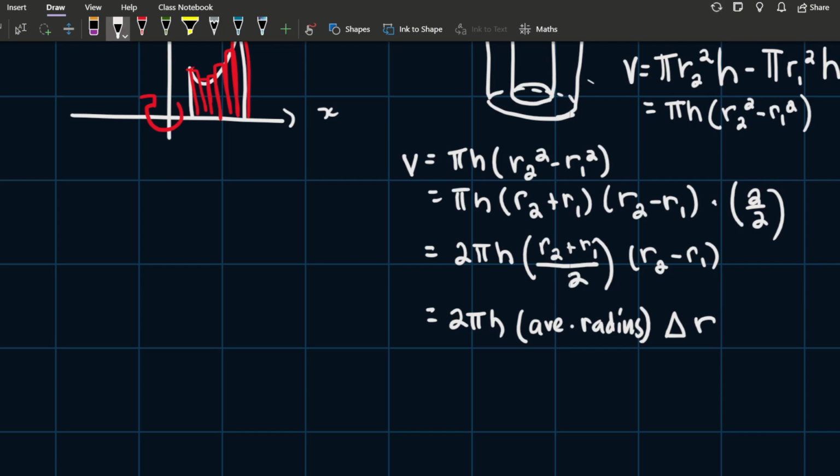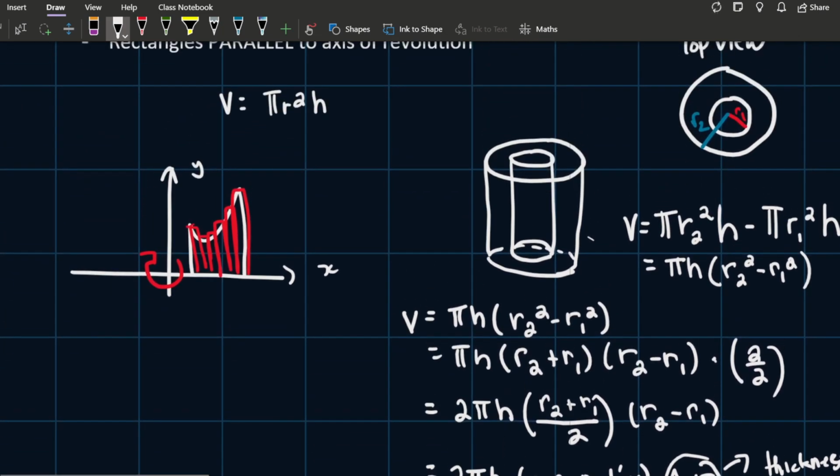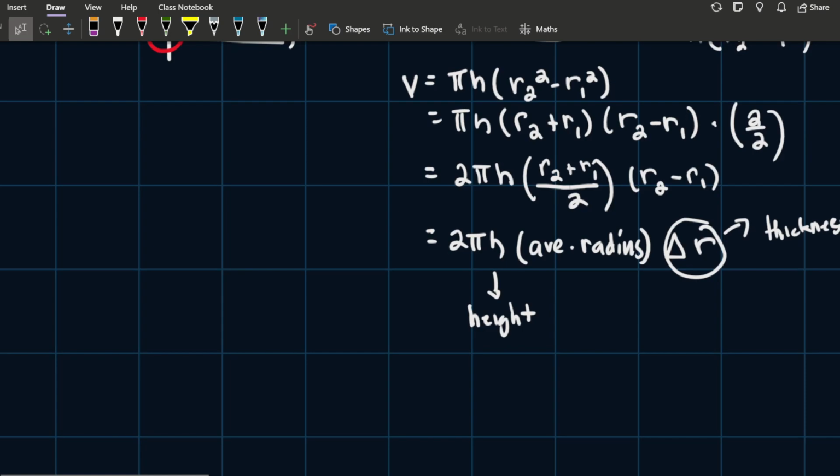Okay? So, in terms of the measurements involved, we have the height, we have the average radius, tapos itong delta R, technically, this part here pertains to the thickness. No? So, yung delta R dito sa ating illustration, yung top view, ito actually ang delta R. So, ito yung kailangan natin in getting the volume.